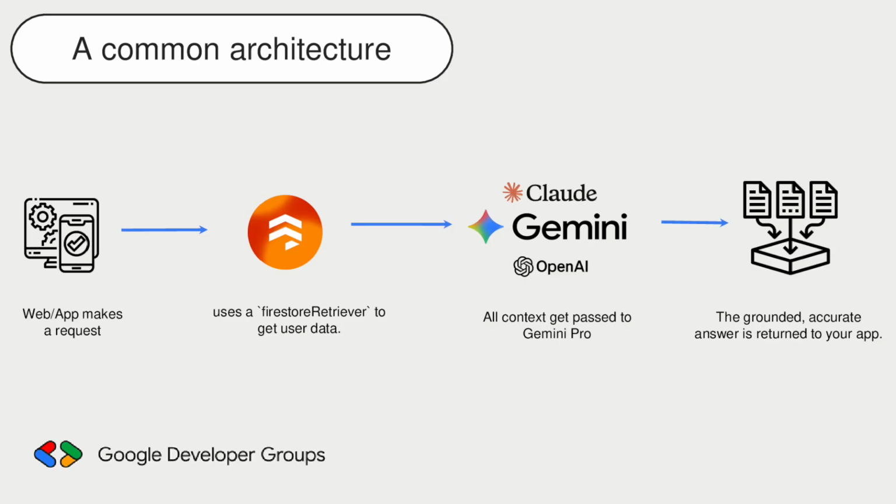Next, let's take a look at what a common architecture of Genkit looks like. So you have an app. It could be doing literally anything, right? And a user goes to your app and makes a request. It includes a context. For example, you have an e-commerce platform and you have lists of items you sell.